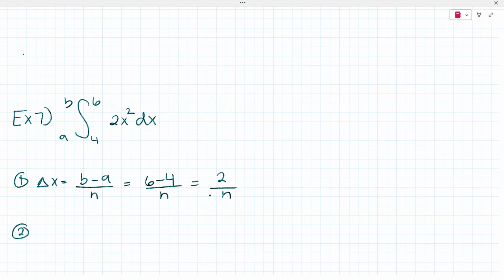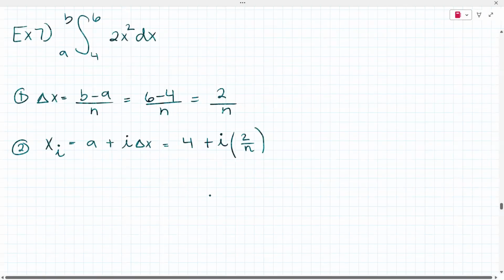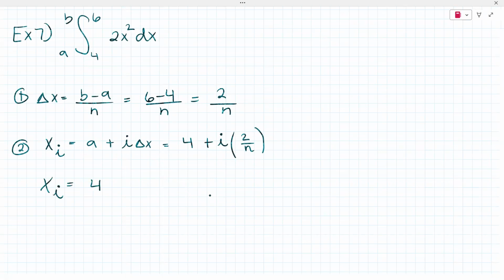Okay, step 2, find your xi. So xi is going to be a plus i times delta x. What's your a value? 4 plus i times delta x. Delta x is 2 over n. So that's going to be 4 plus 2i over n.